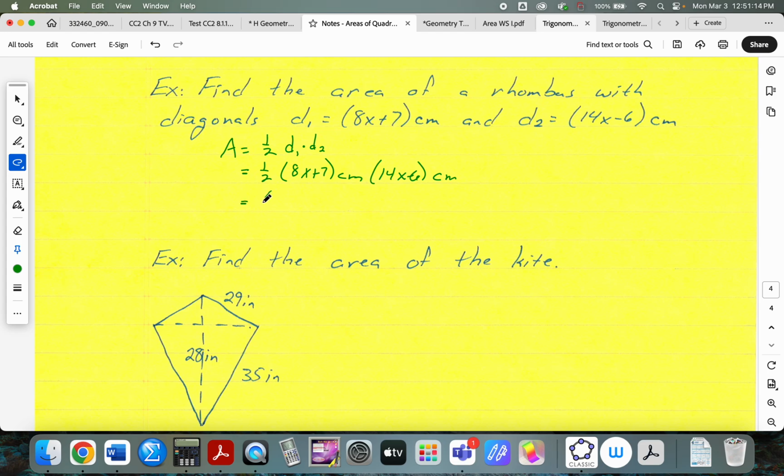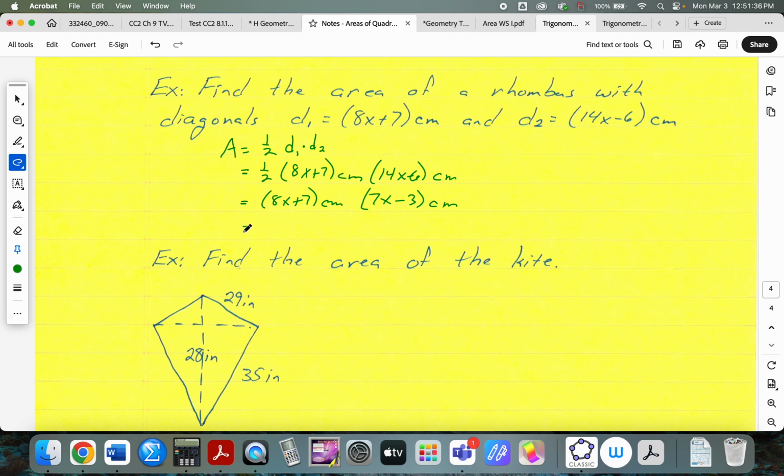So I'm going to say that this is equal to 8x plus 7 centimeters times 7x minus 3 centimeters. Your choices are you can do that or you could multiply these two together first and then take half. I choose to take half first because it makes the numbers smaller.